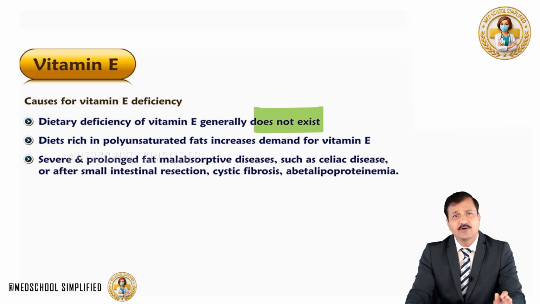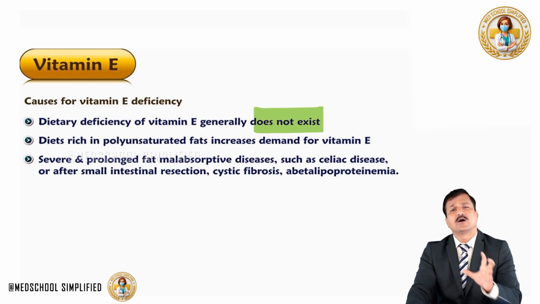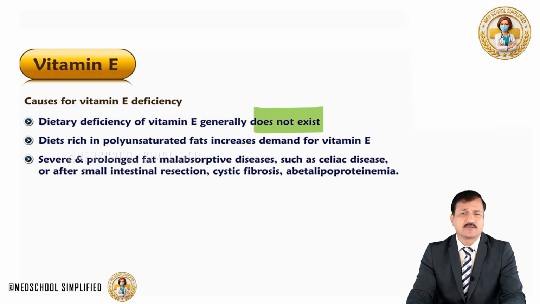Only whenever we consume diets rich in polyunsaturated fatty acids, it may increase the demand for vitamin E, because consumption of polyunsaturated fatty acids increases the chances of attack by free radicals, and lipid peroxidation chances increase by having higher levels of polyunsaturated fatty acids in the cell membrane, and during that time vitamin E has to be present at good concentration.